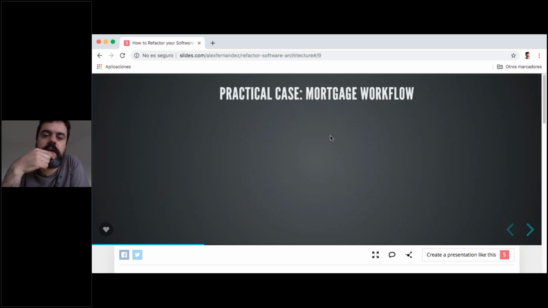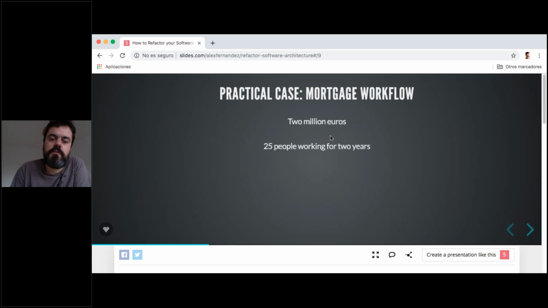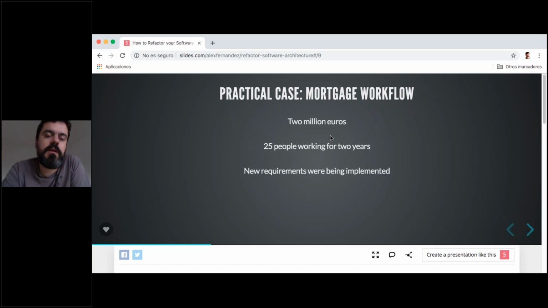Let's say, again, the mortgage workflow, more than 2 million euros, 25 people at the peak. And meanwhile, new requirements were being implemented in the old system. So at this point, what do we do? Do we implement everything also in the new system, increasing their workload? Do we just work on the first system and then stop requirements?